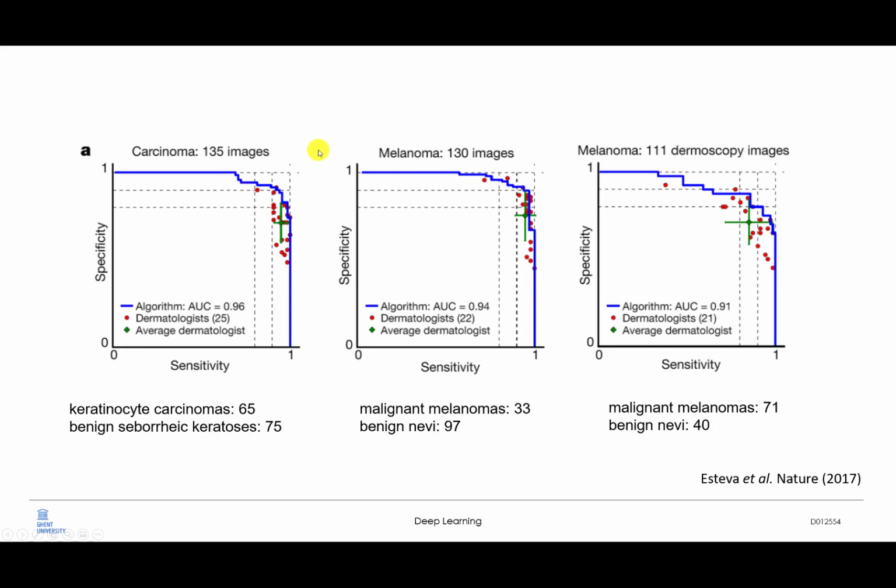So that's the performance of the convolutional neural network. And in red, you see the performance of each of the dermatologists. And in green, we have the average dermatologist. And what you can see clearly here is that the convolutional neural network performs at least as good as the expert dermatologist. And I would actually argue in most cases they perform even better.